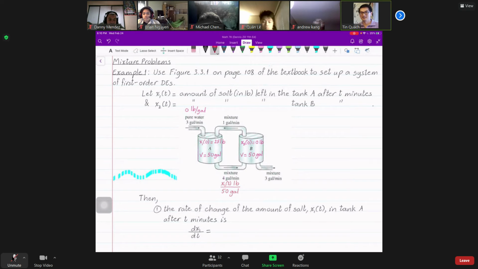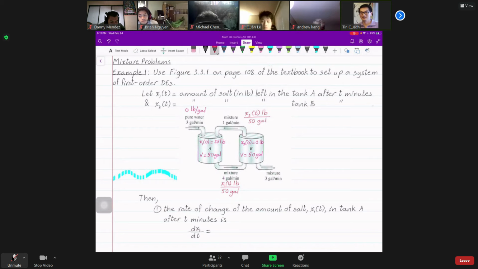Very good. Okay, X sub 2 of t pounds of salt at time t divided by the volume of liquid in the tank at time t, which is also 50 gallons. Now, sometimes it is more than 50, sometimes it is less than 50, and you have to figure out what that function is, okay?